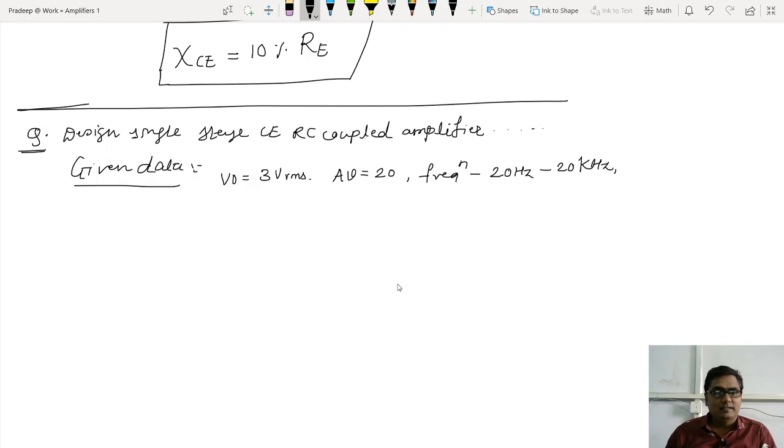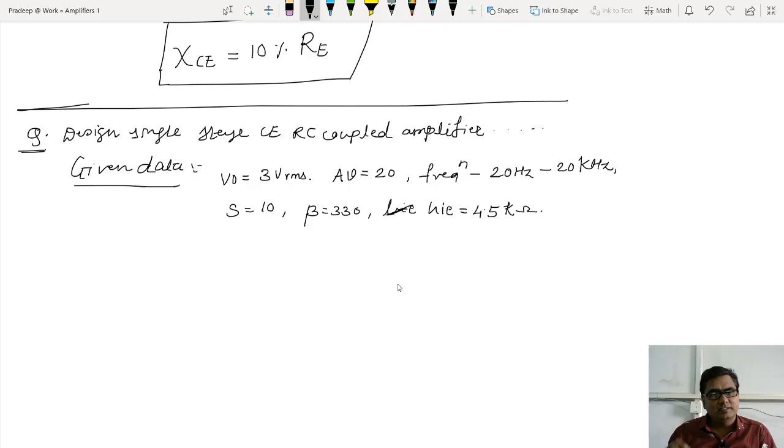Then the stability factor for the amplifier, which is 10. Then the BJT beta, which is 330. Then they have given hie, which is 4.5 kilo ohm.